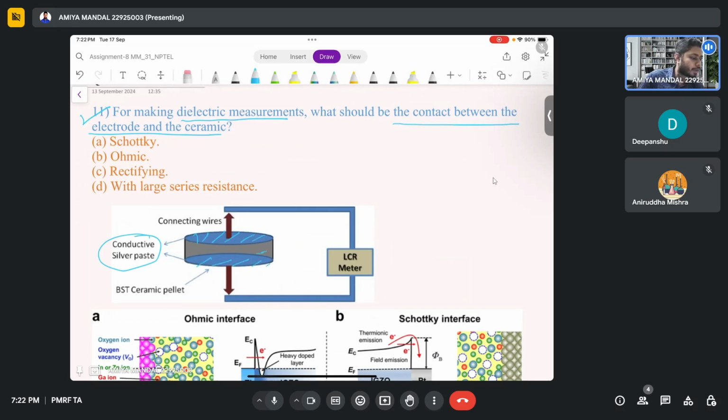This is the dielectric pellet, and we measure it with an LCR meter. So what type of contact is it? Is it Schottky or ohmic? Mainly ohmic contacts are present there.